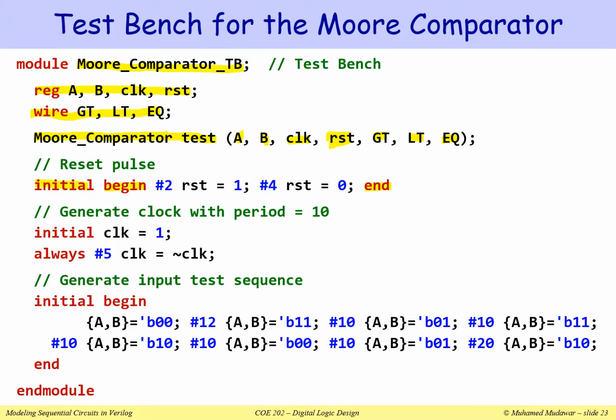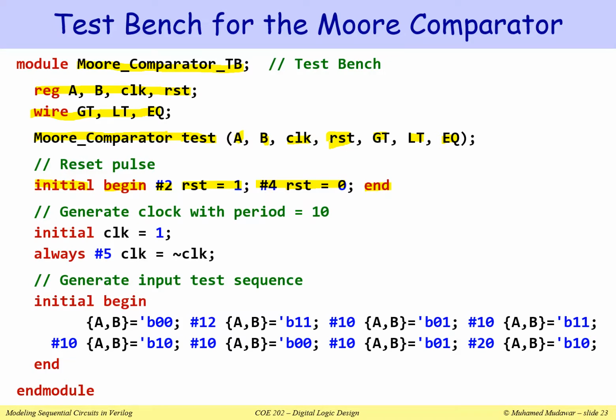We can have reset equal to 1 after 2 time units, and then reset dropping from 1 back to 0 after 4 time units. So this is my reset pulse. Reset is going to jump to 1, and then drop back to 0. We do it only once, which is why I'm using the initial statement.